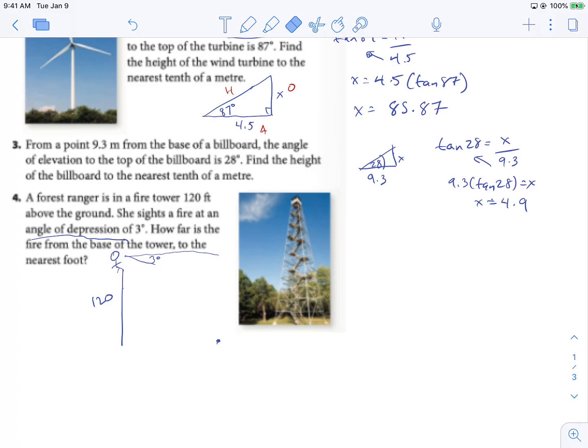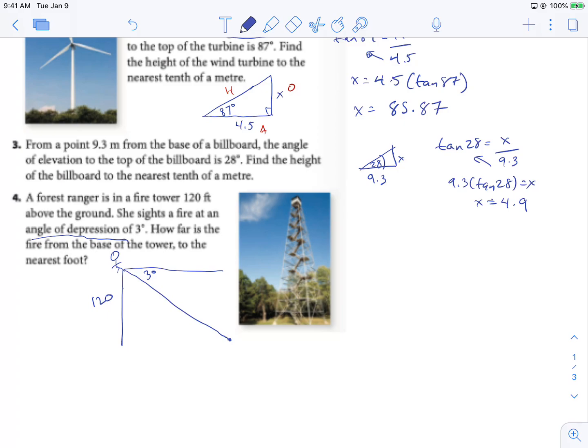So let's take a look at how that works. So we said if this is our horizon line, angle of depression would be this thing in here. Okay, I'm going to redraw that fire. And so here is our fire. So when we are looking at our triangle, we have a couple ways to do it. So here's our 3 degrees.